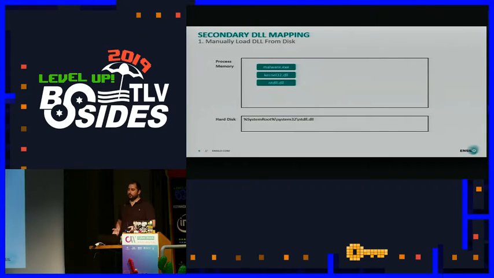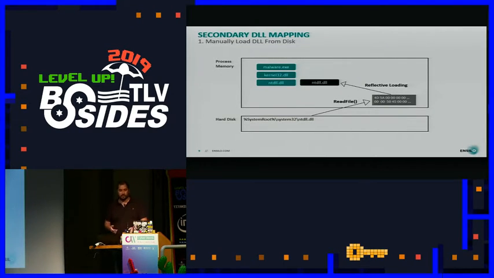The first method that we can do it is just by loading the DLL ourselves manually from the disk. If we take a look at this illustration of the process memory, we can just read the file and then use reflective loading in order to make it actually executable and usable for us.